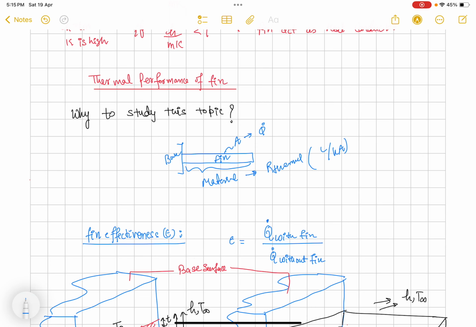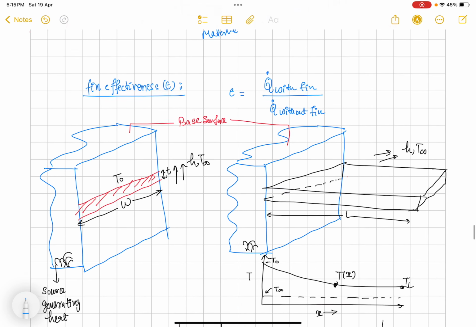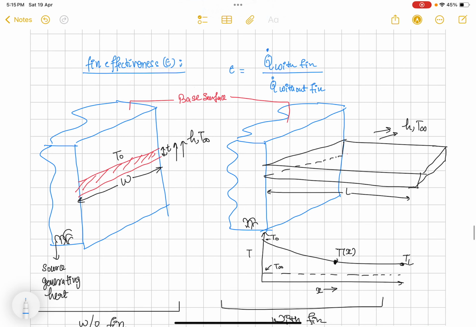First one is fin effectiveness. So having said that, what is the scope of this thermal performance of the fins, first let's define fin effectiveness. First of all, consider on this left hand side a base surface in which there is some source of heat generating heat inside the base surface, and its temperature is high and we want to cool this base surface.